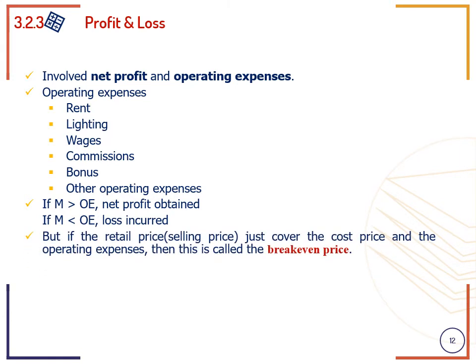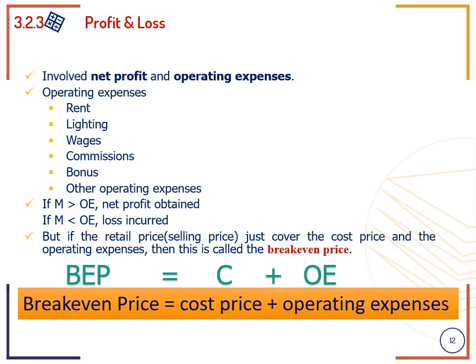If the retail price just covers the cost price and the operating expenses, then it does not make any profit nor incur any loss. This price is called the break-even price. That is, break-even price is equal to cost price plus operating expenses.